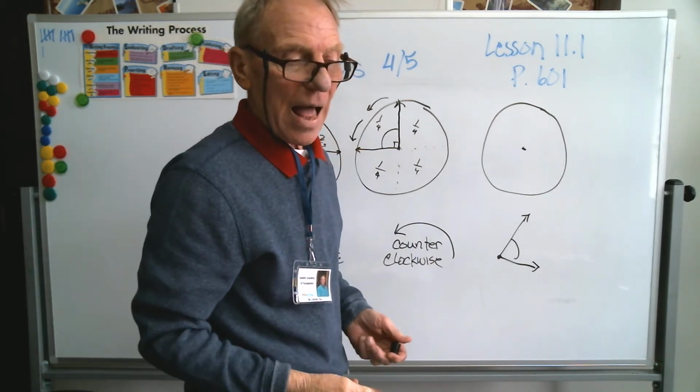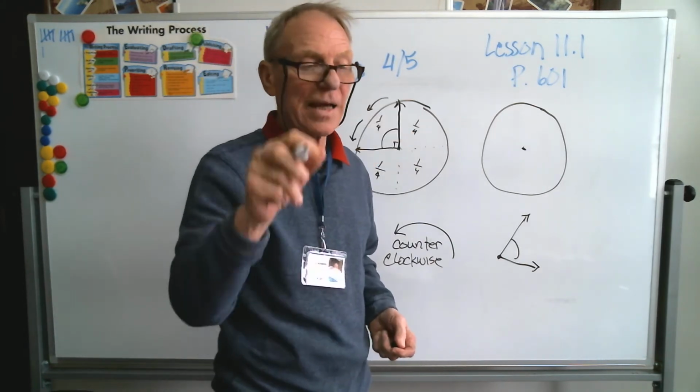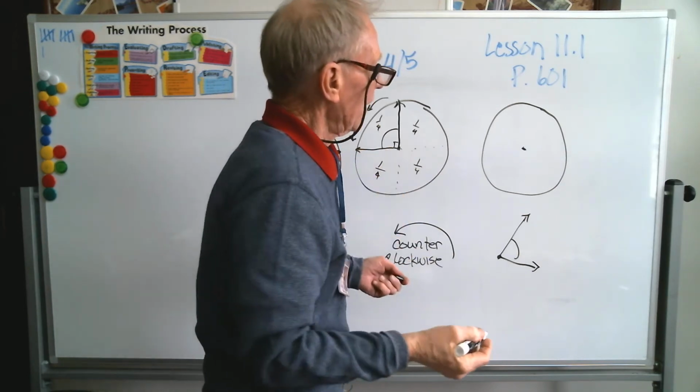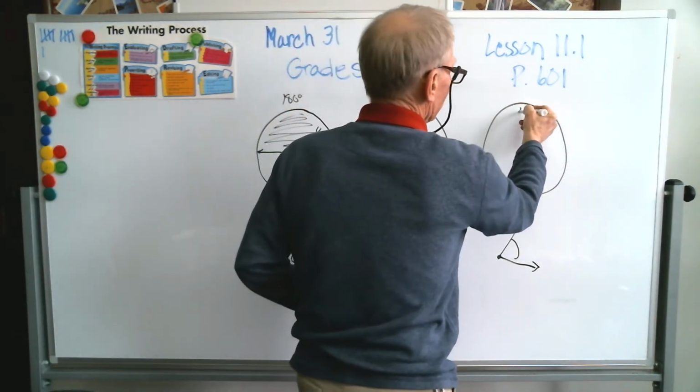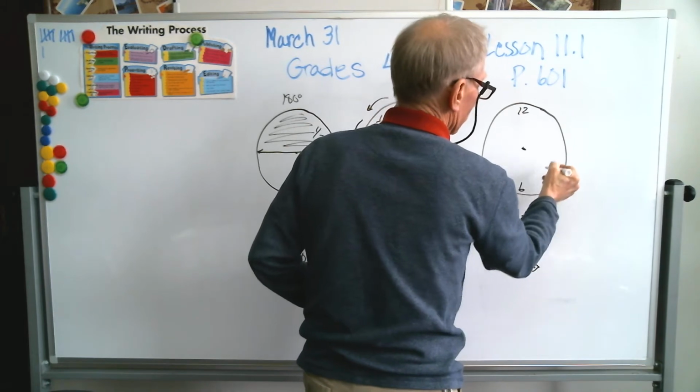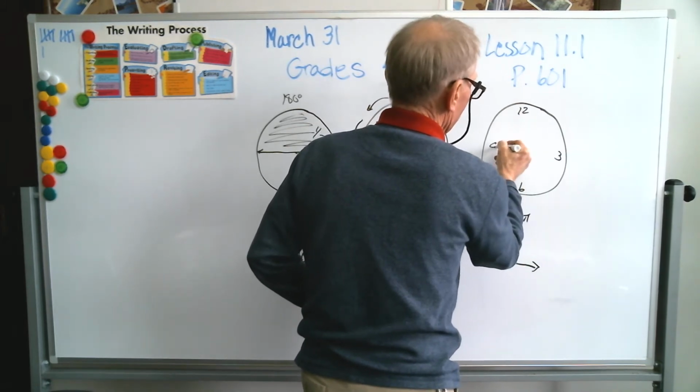You think about a clock. A clock is divided into 12 hours. So let's just make this a clock. There's 12, 6, 3, 9.